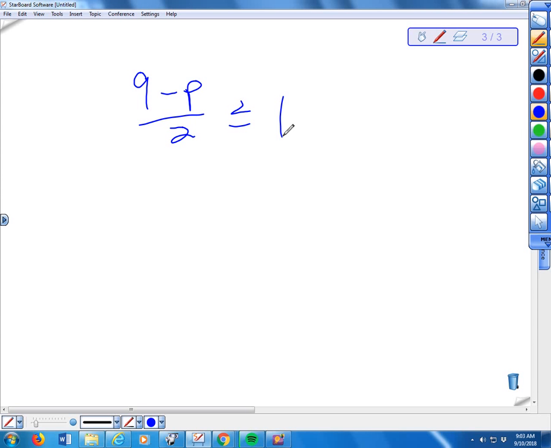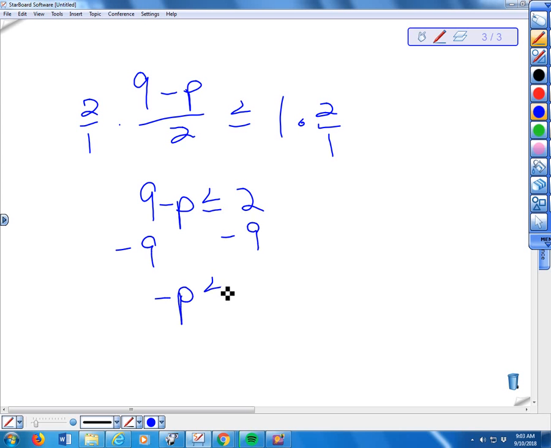That's the first thing I would do here. Multiply everything by 2, to get 9 minus p is less than or equal to 2. Now what? Subtract 9. Negative p is less than or equal to negative 7.